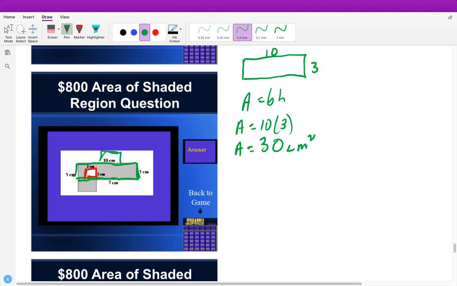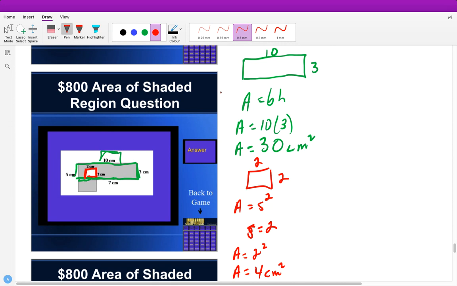Okay, now you can do this next part one of 2 ways. I can remove this little square on the inside immediately, or I can do it at the end after I add my areas together. I'm just going to do it now. So now I have this little block that I need to remove from our green area. Well, this is a square, so side squared. My side is equal to 2, so area is equal to 2 squared, or in this case, my area is equal to 4 centimeters squared.